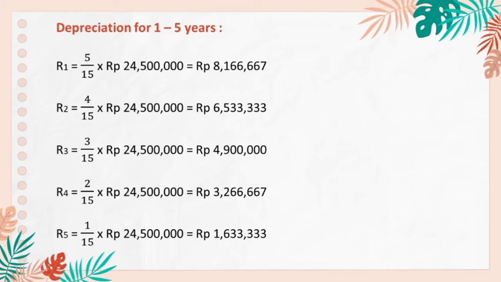Depreciation expense: R1 is 5 divided by 15 multiplied by 500 million rupiah. R2 is 4 divided by 15 multiplied by 500 million rupiah. R3 is 3 divided by 15 multiplied by 500 million rupiah. R4 is 2 divided by 15 multiplied by 500 million rupiah.